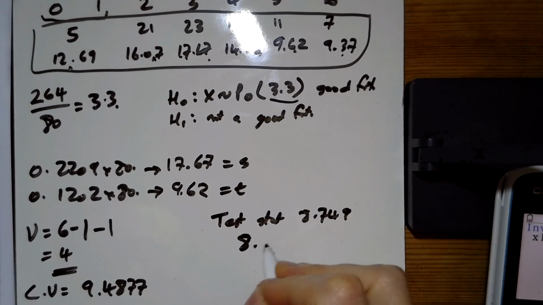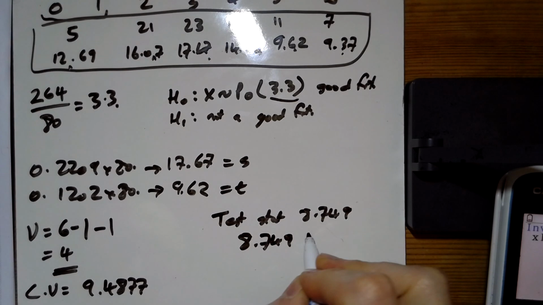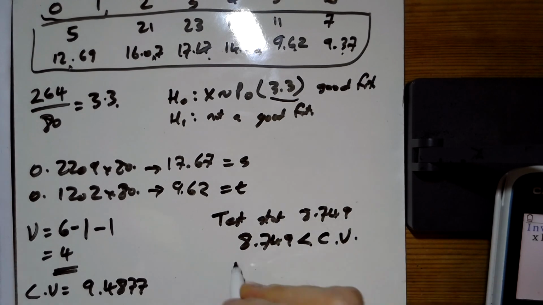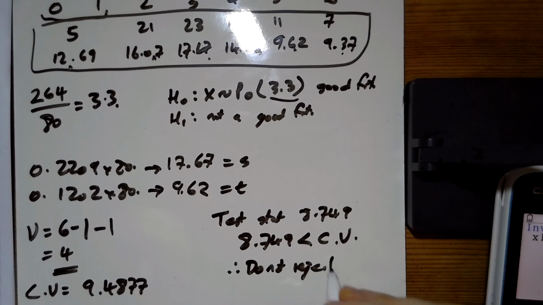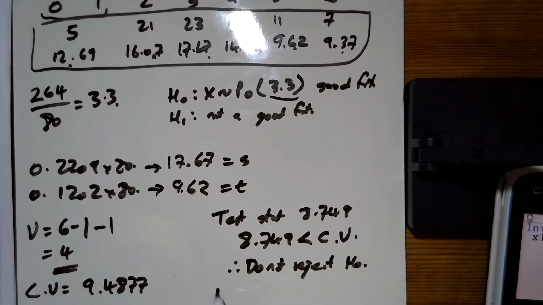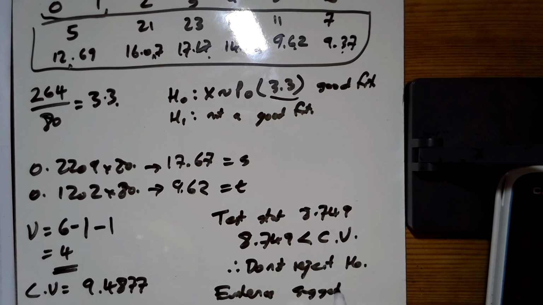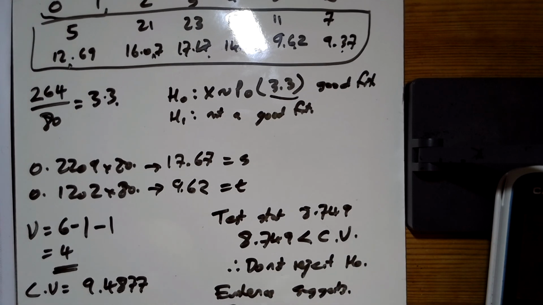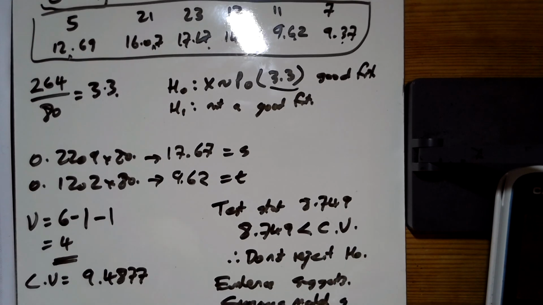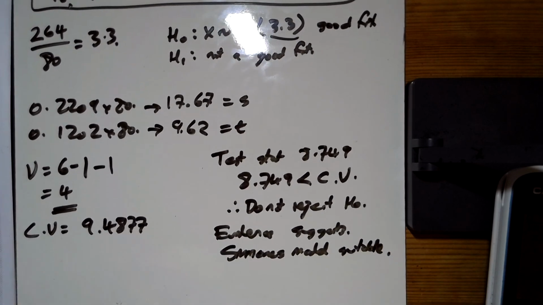So that tells us that this is less than the critical value, therefore do not reject H0. Evidence suggests Poisson is okay. Simone's model suitable. Now the only worry I've got is that I didn't actually need to put it in the table, did I?